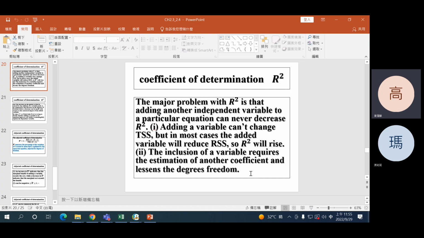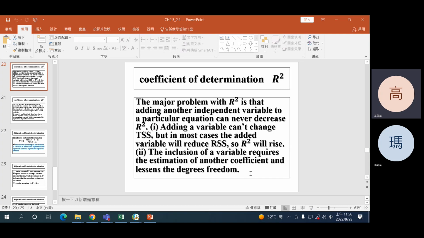This expression says that if I add one more nonsense variable into the equation, the R square doesn't decrease. It always increases, but only a very, very small amount. So the problem is R square never decreases as long as you include any kind of variable into the equation.